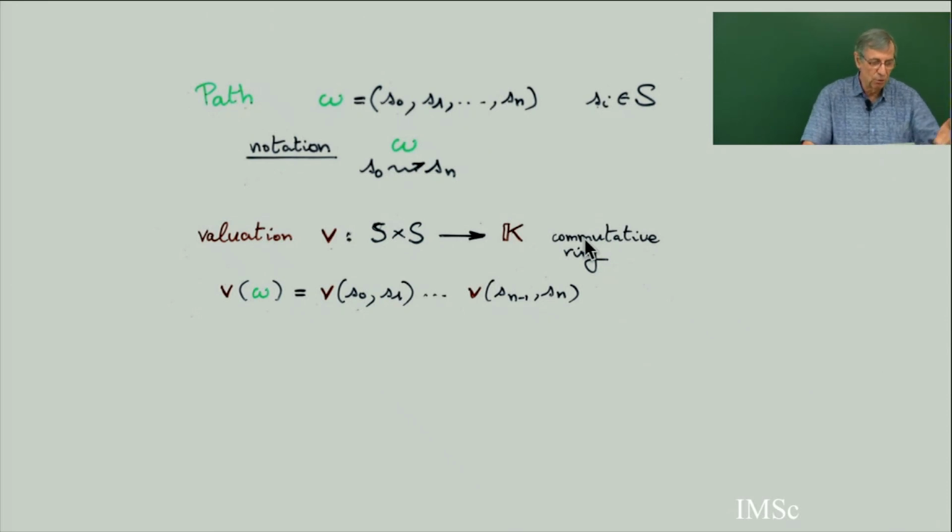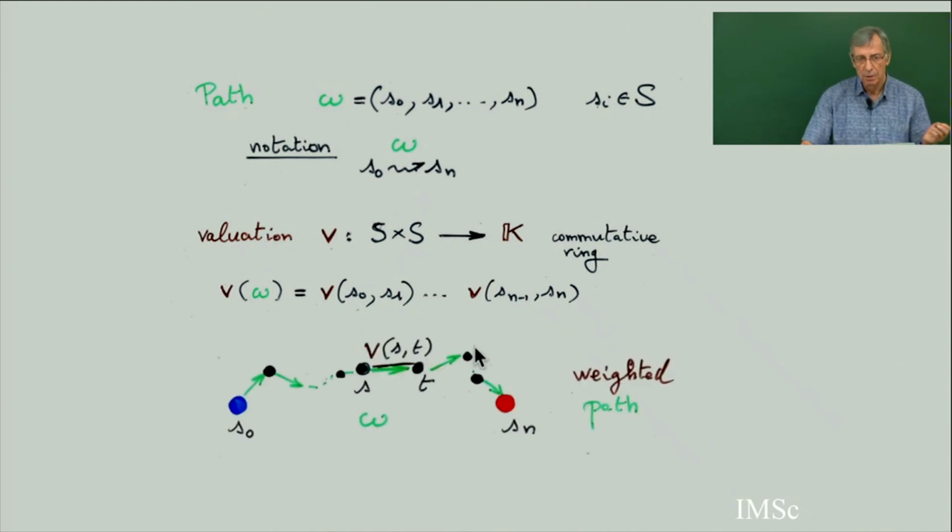Usually it's just a monomial or a number, 1 or 0. If it's 1 or 0, this gives you the adjacency matrix of the graph. It can be t, it can be q, or t to the something q, etc. The weight of the path is the product of the weights of each elementary step. So you get a weighted path. And I am interested in the matrix.